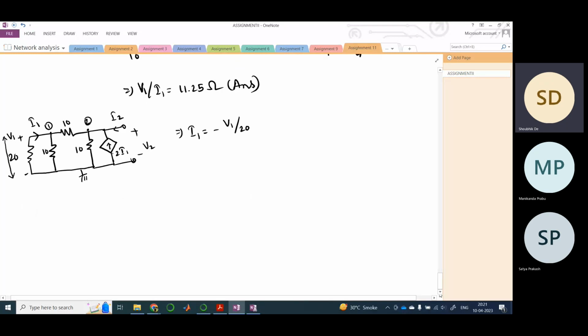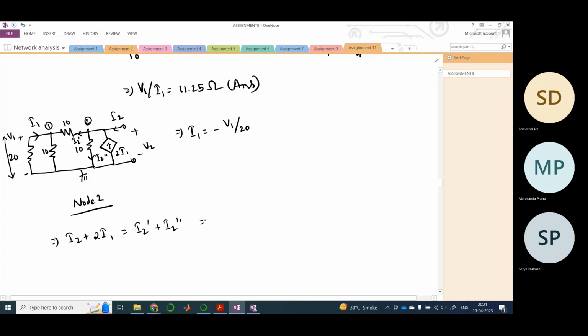Now let us apply KCL directly at node 2. So this is I2 dashed and this is I2 double dashed. So I2 plus 2I1 is equal to I2 dash plus I2 double dash.